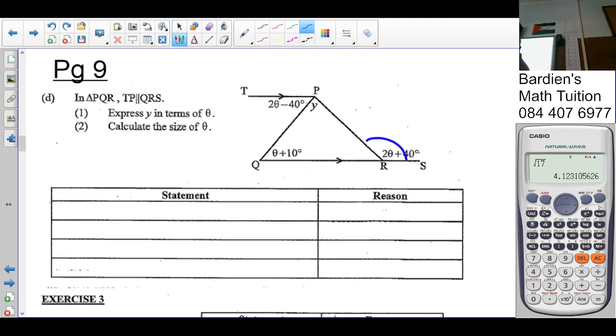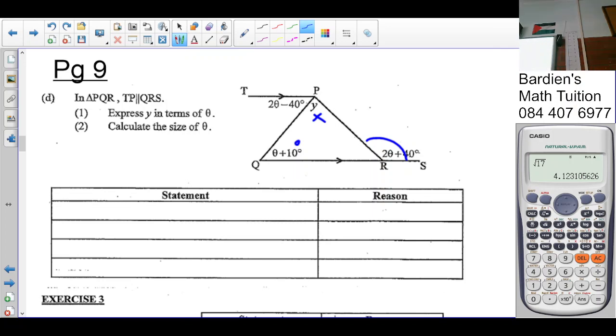Exterior angle is equal to the sum of two interior opposites. So we say 2 theta plus 40 equals y plus theta plus 10. Then you keep one side, take everything else over to the other side.